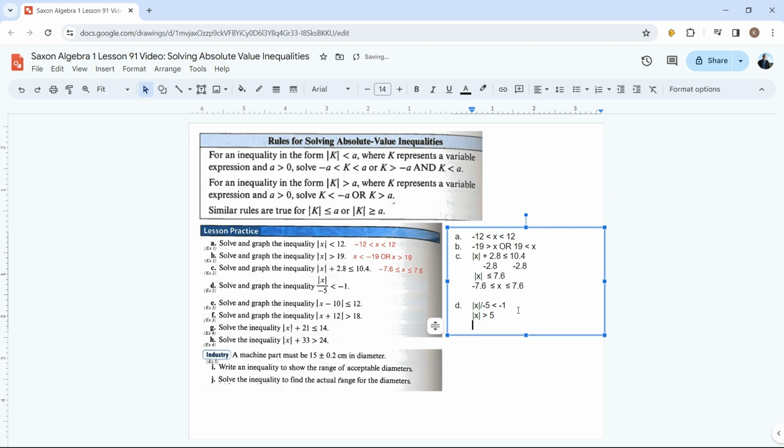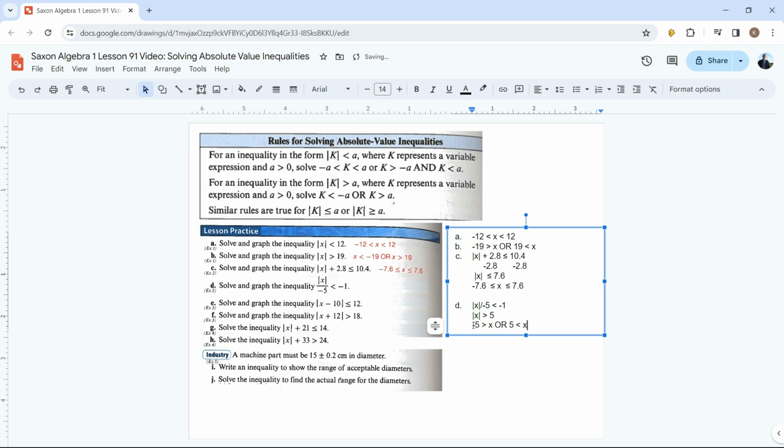Greater than means that I'm going to do an "or" statement. So it's going to be negative 5 is greater than x, or 5 is less than x.